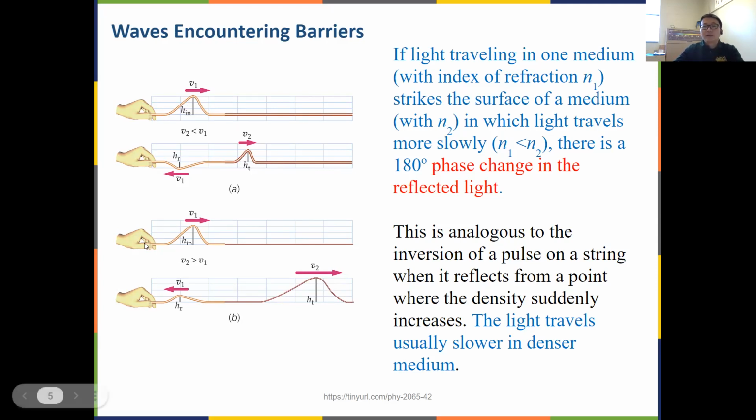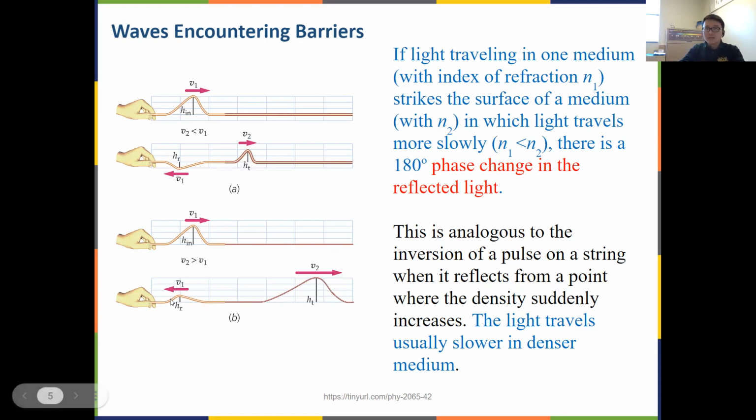On the other hand, if the wave propagates from a thicker medium into a thinner medium, again part of it will be transmitted into the second medium, and part of it will be reflected. In this case, the reflected wave does not have a phase change.